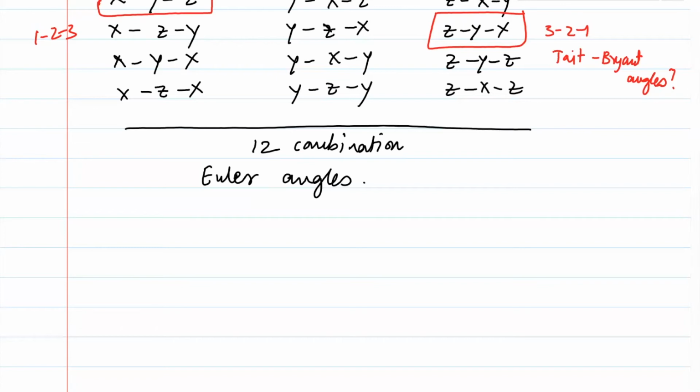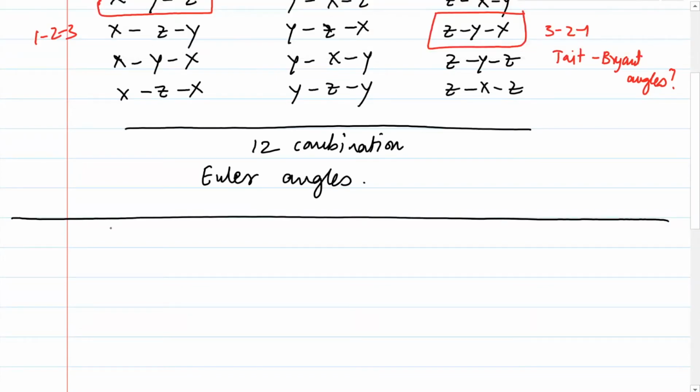Now, the other thing which I think is very important is that rotations in 2D are commutative.